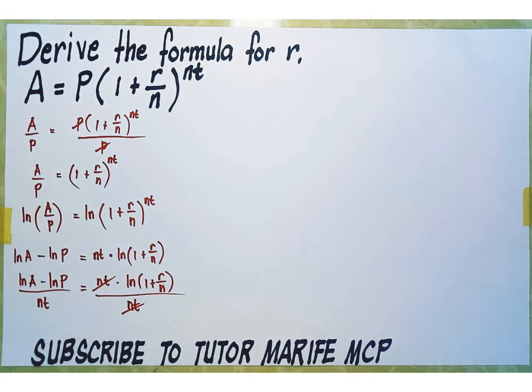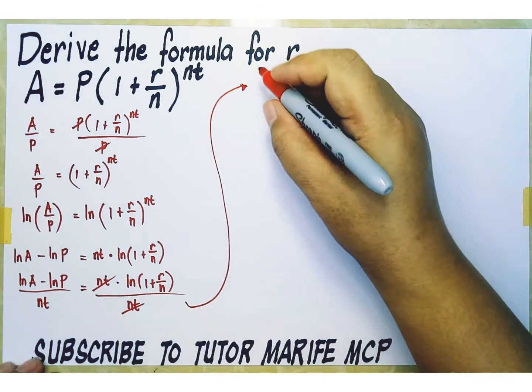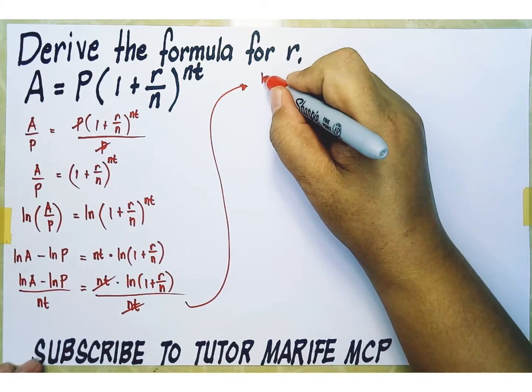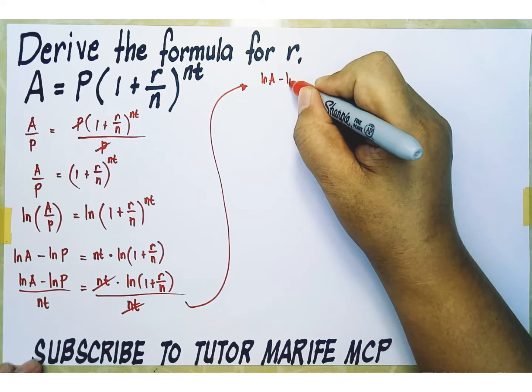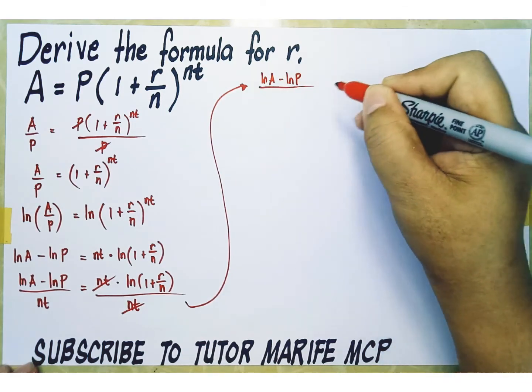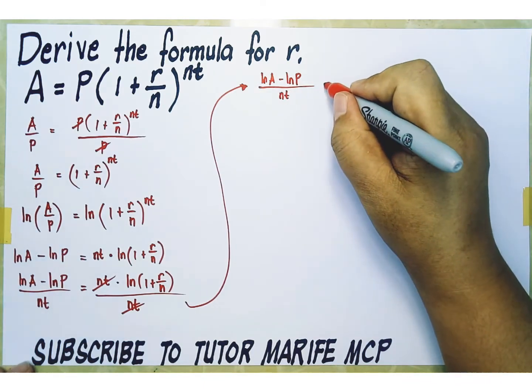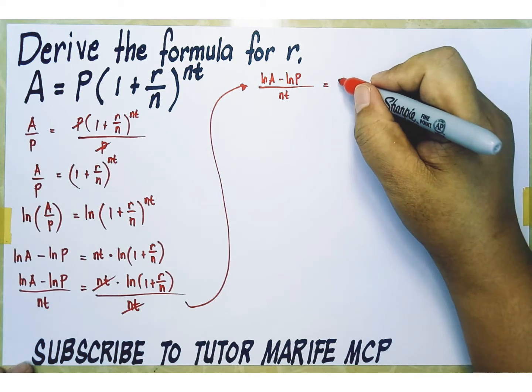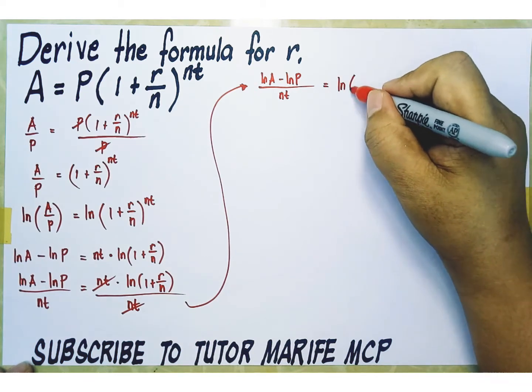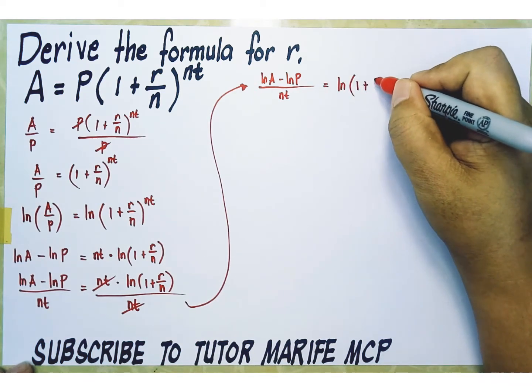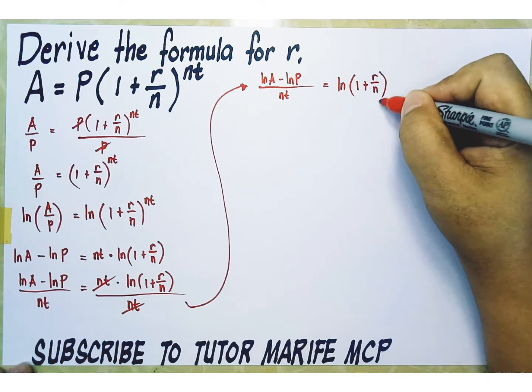Okay, so left side becomes ln of A minus ln of P divided by n times t. And the right side becomes ln of the quantity 1 plus r divided by n.